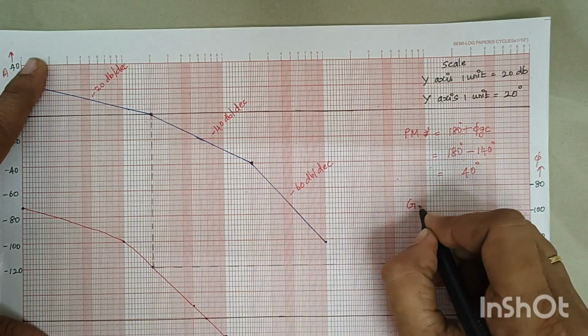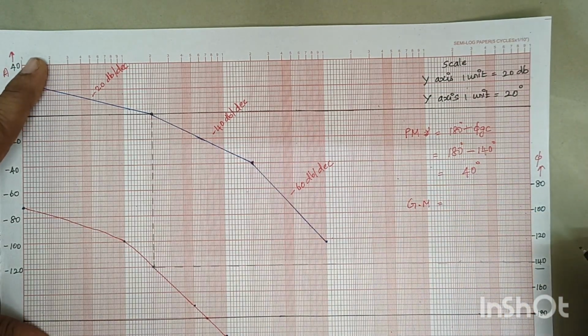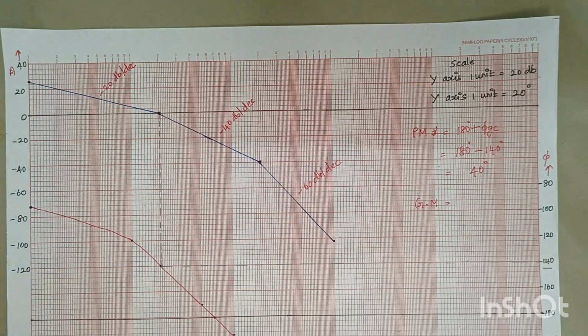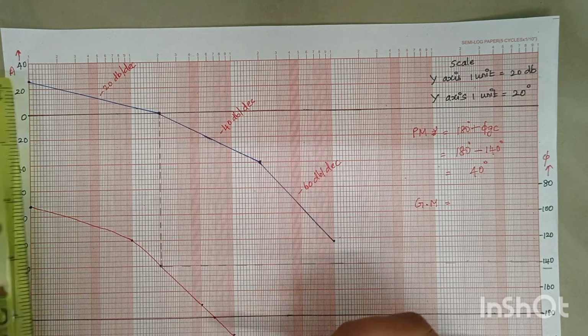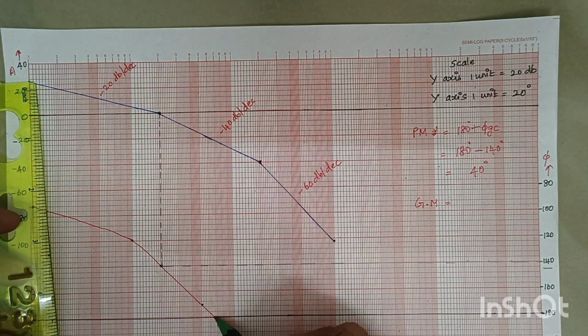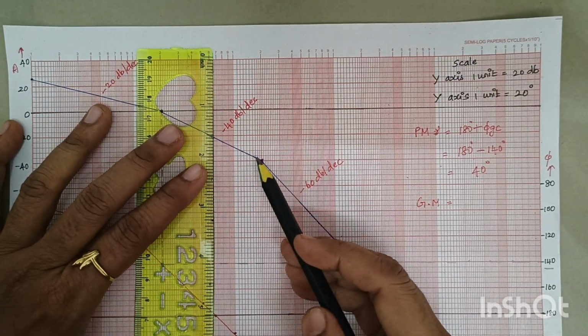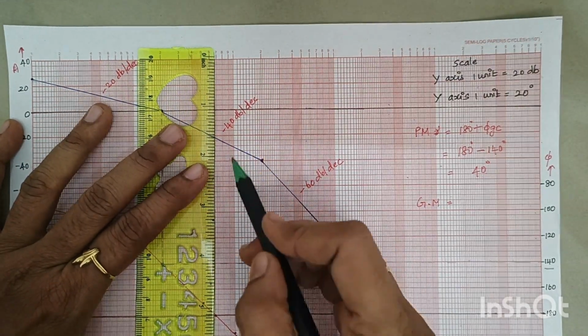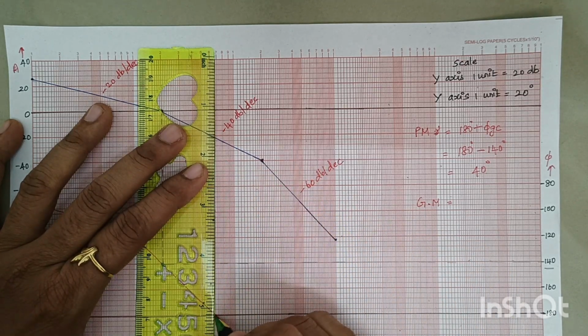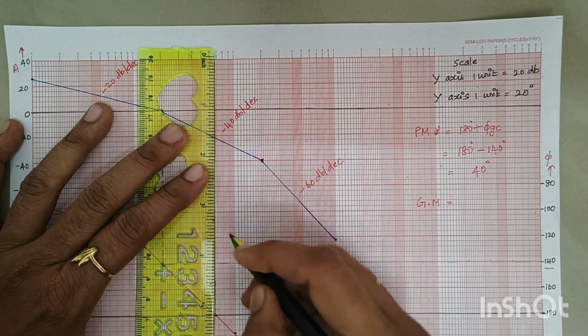Now we are going to calculate the value of gain margin. To calculate the gain margin, again, we have found our phase crossover frequency. So from this frequency, just draw a line. It will meet our magnitude plot at some point, you see. So from this point, just draw a line.